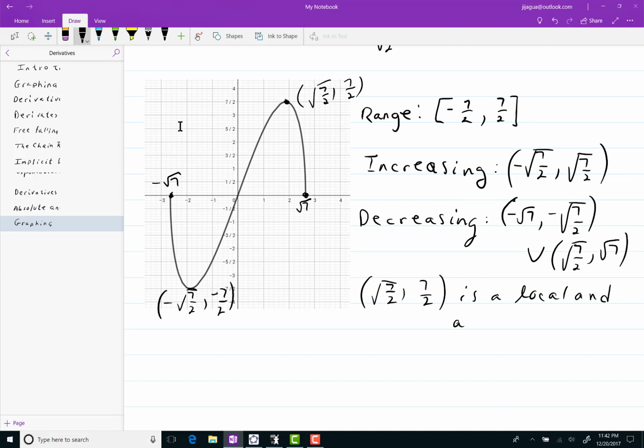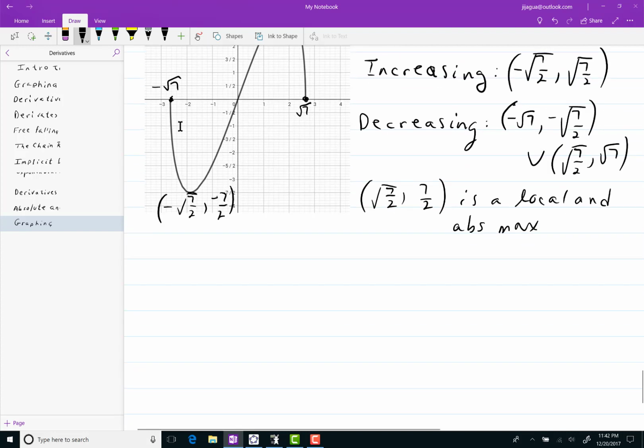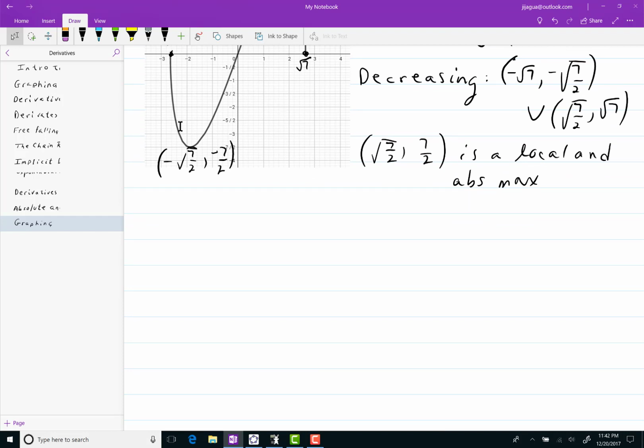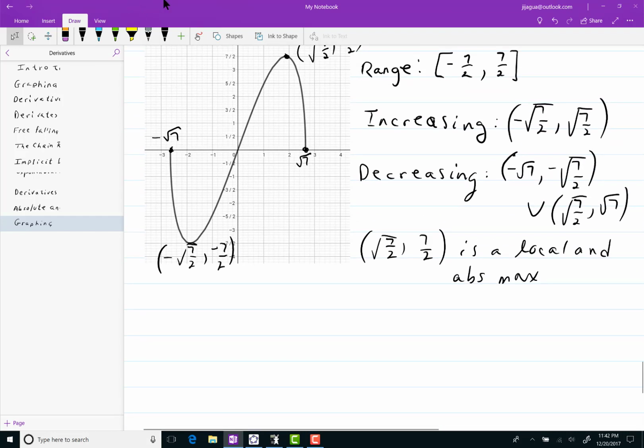As I mentioned, this is not just a local maximum, it's also an absolute maximum. The other point is a local and absolute minimum.